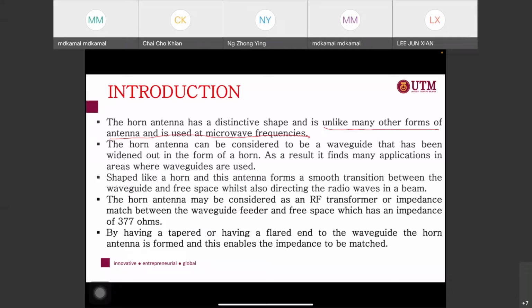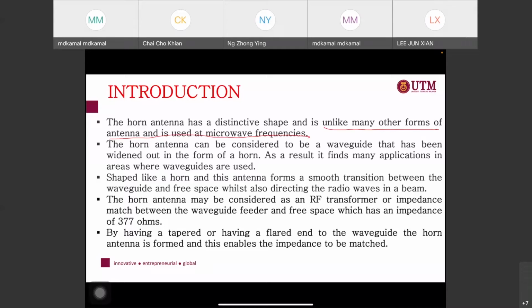So usually what you can see here, the horn antenna is used as the feed. The very simple example here, you can see your dish antenna. The dish is just your parabolic, one reflector there on the top.